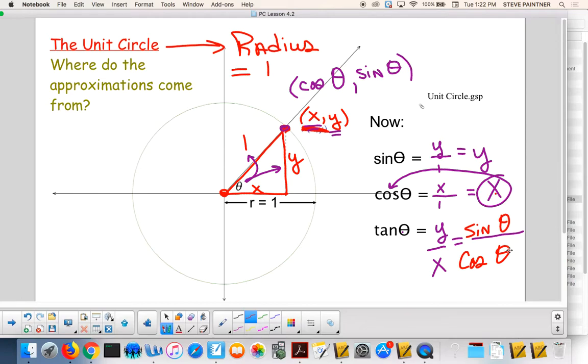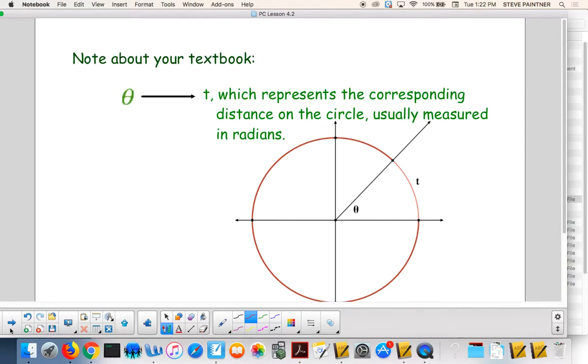Okay? All right. This next slide is nothing other than this. Just listen. Your book talks about this letter T. But letter T represents the corresponding distance on the circle, usually measured in radians. See this? That's supposed to be the letter T. What it happens to be is how many radians you wrapped around your circle.